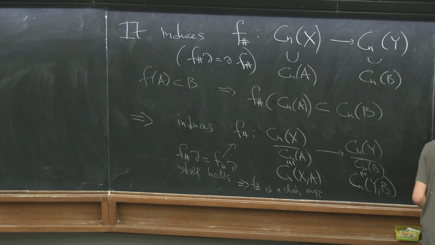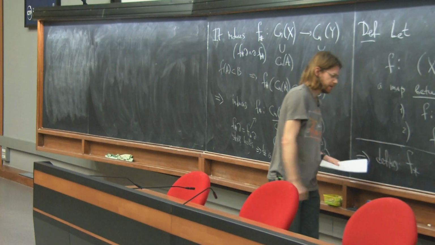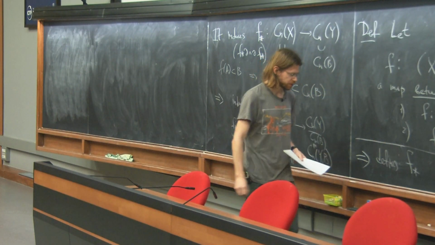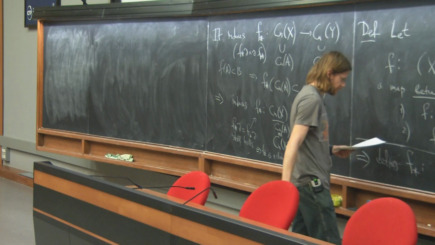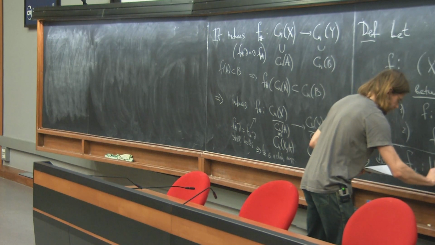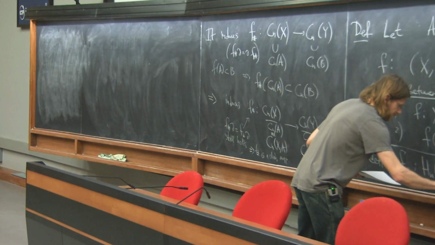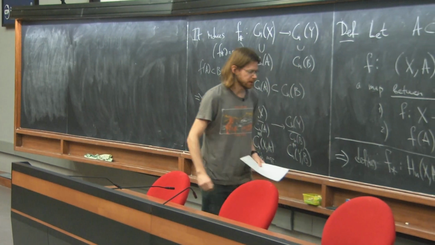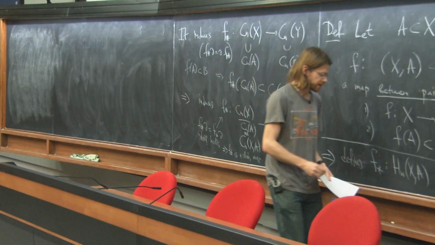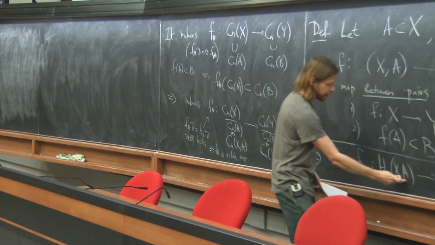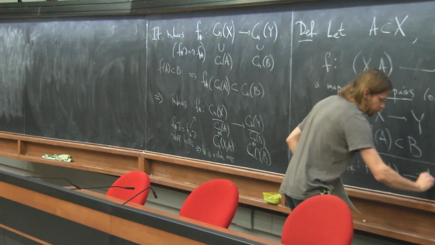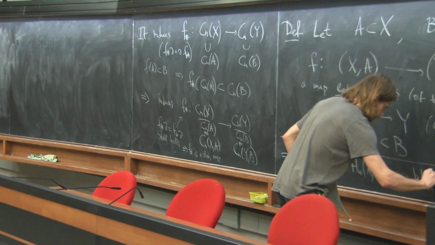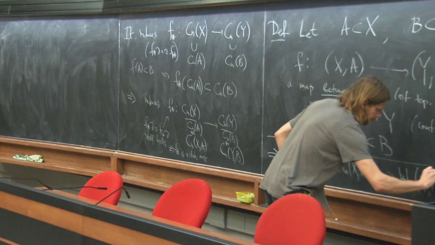This means that this defines a homomorphism, which we again denote by F star, but now F star is the map from the relative homology group for the pair X and A to the relative homology group for the pair Y and B.